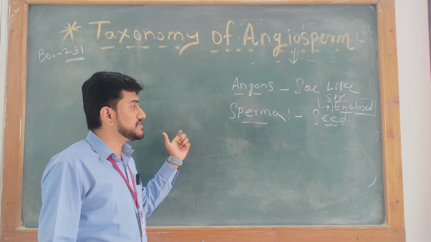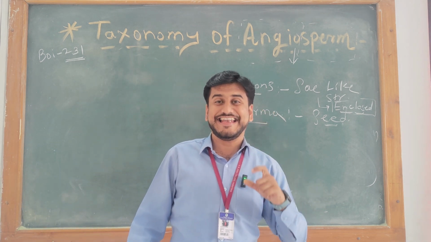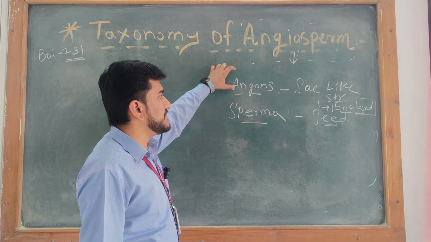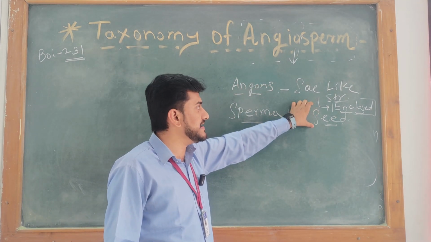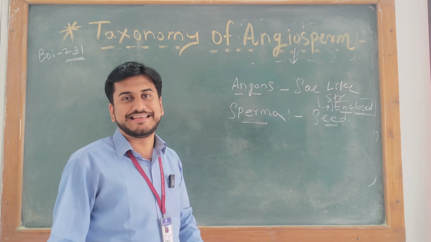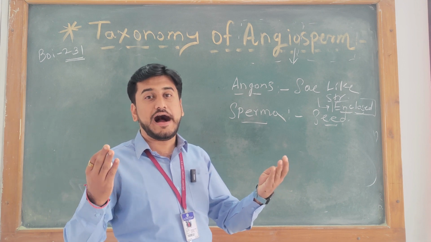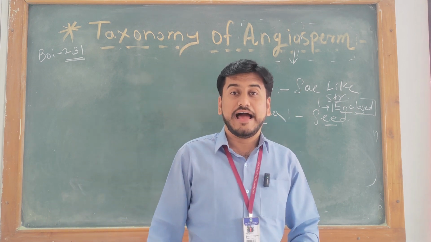In gymnosperm there is a condition of naked seed, so gymnons means naked and sperma means seed. So angiospermic plants are seed bearing plants, with the seed being an enclosed, sac-like structure, and this group is a very highly evolved group in the plant classification system.